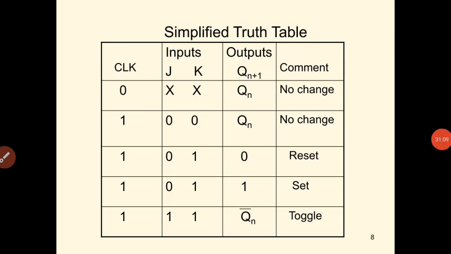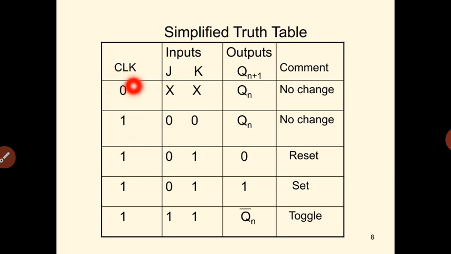Okay. Next, the simplified truth table, which also represents the simple truth table. The JK flip flop will function as described only when clock is equal to 1.